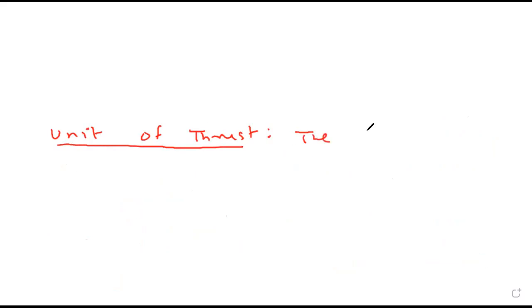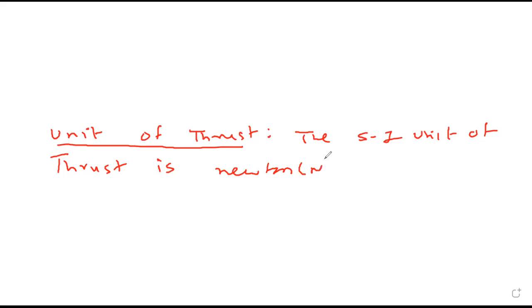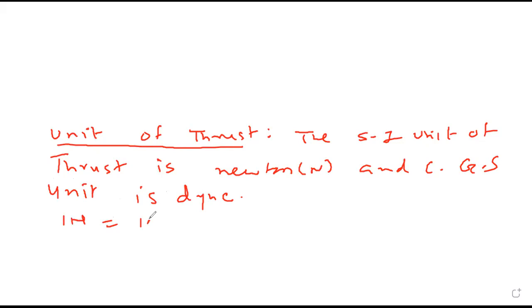The SI unit of thrust is Newton and CGS unit is dyne. 1 Newton equals 10 raised to 5 dyne, or 1 dyne equals 10 raised to minus 5 Newton.